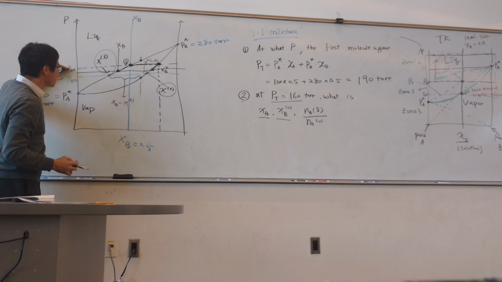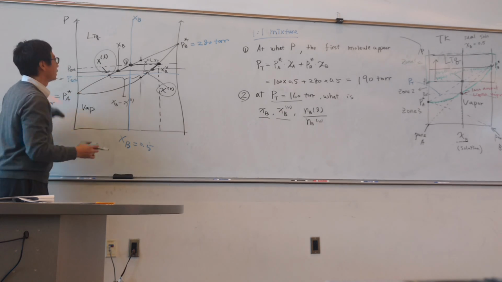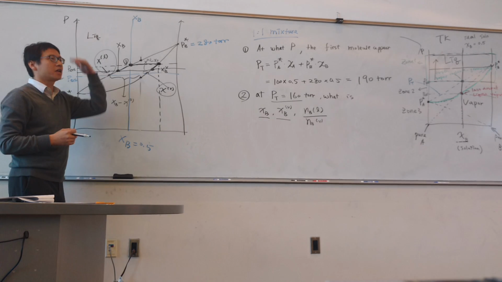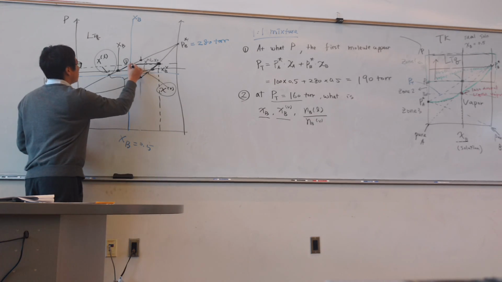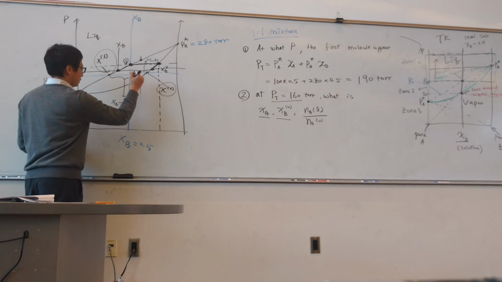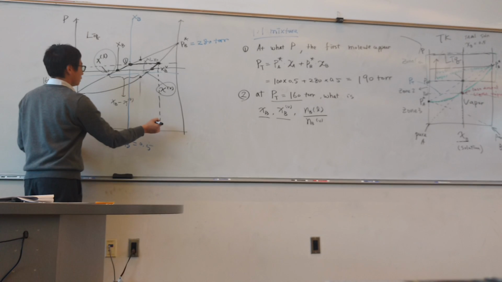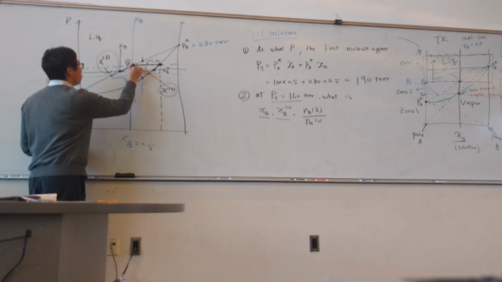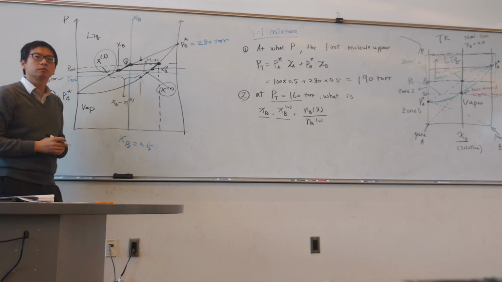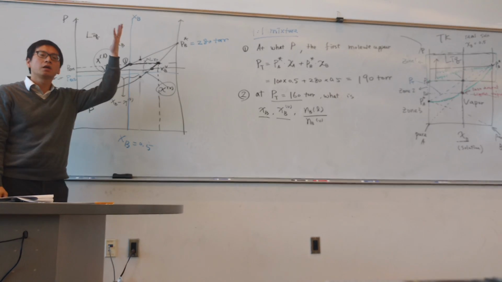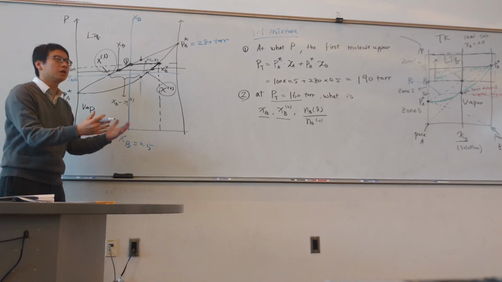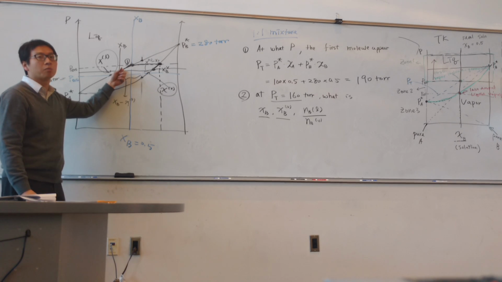If you keep lowering your pressure, then B will actually escape a lot faster than your A. So your B is going to decrease more in the solution, because a lot more B is escaping from the solution. So the fraction of B inside your solution is going to decrease a lot more.